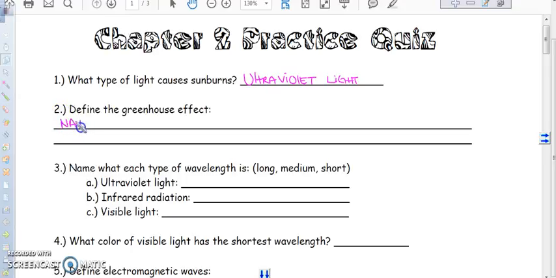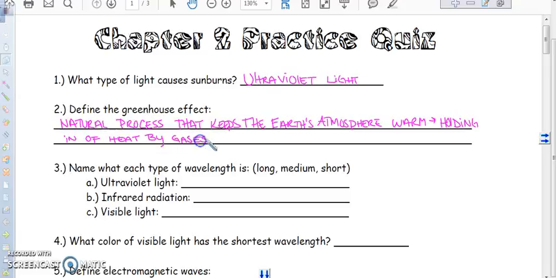So natural process that keeps the earth atmosphere warm. And to do that, it holds in the heat.